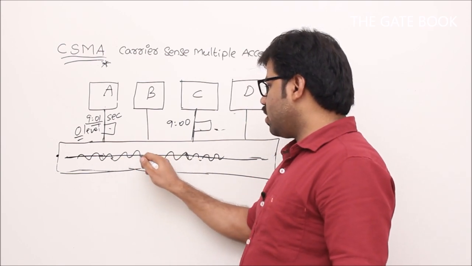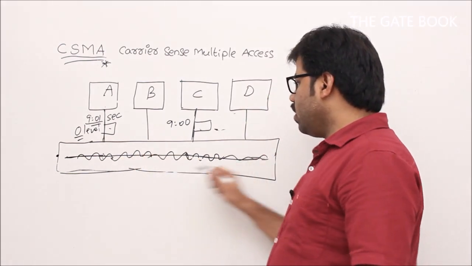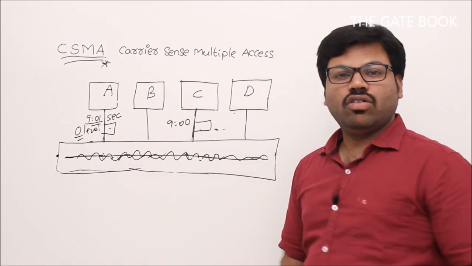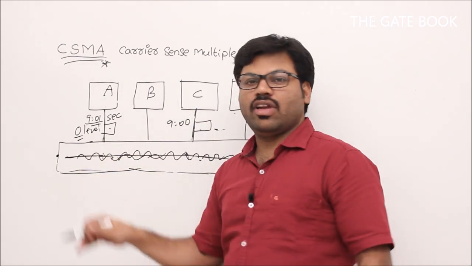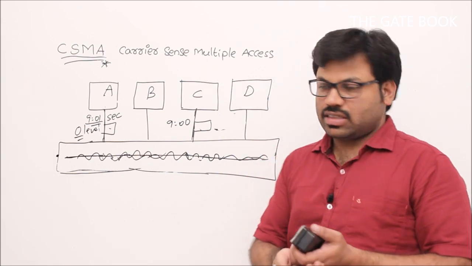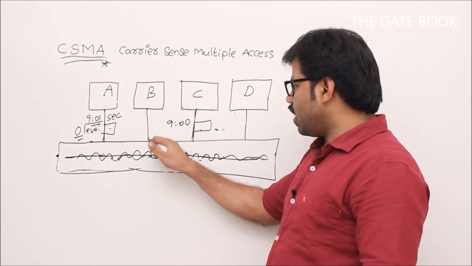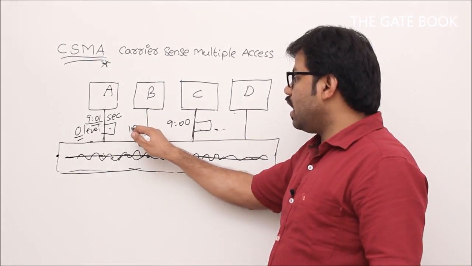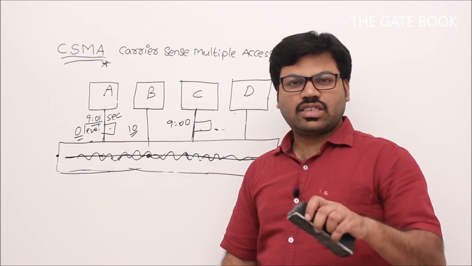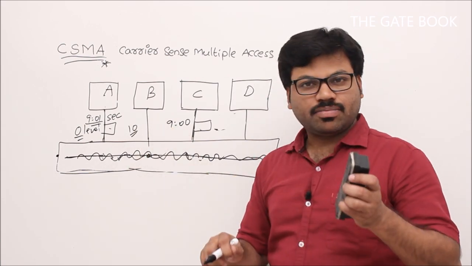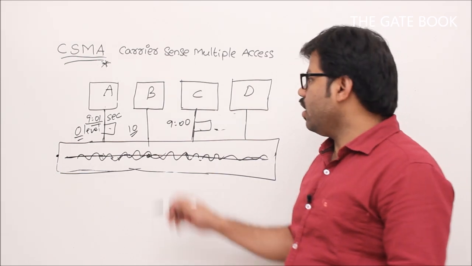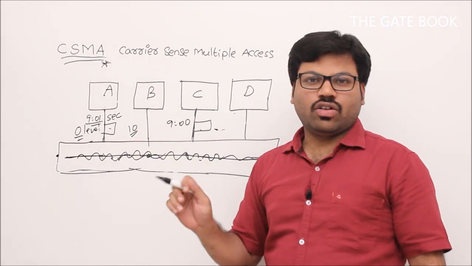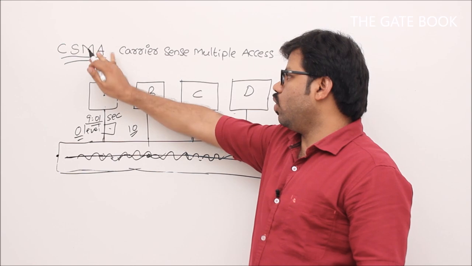Now it is coming like this. So all these signals will be garbled, right? Automatically the energy level in this channel will increase. Now if B senses at that moment, it will see energy level 10. Now it can understand that there is a collision. In that way, stations can detect the collision, of course, but that is not our goal.